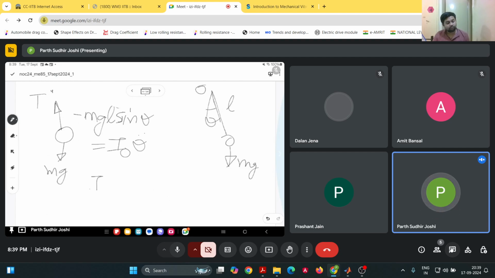Now what is the moment of inertia about this point O? If this rod is massless, it will be m L square. So minus mgL sine theta is equal to mL square theta double dot.